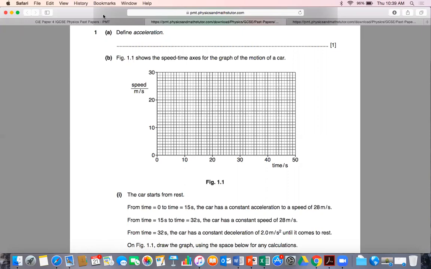It's just going up in a straight line. Okay, so because it's a speed time graph and acceleration is change in velocity over time, acceleration is essentially the gradient of this graph. So if acceleration is going to be constant, that means my gradient is going to be constant. That means my graph is going to be a linear graph.